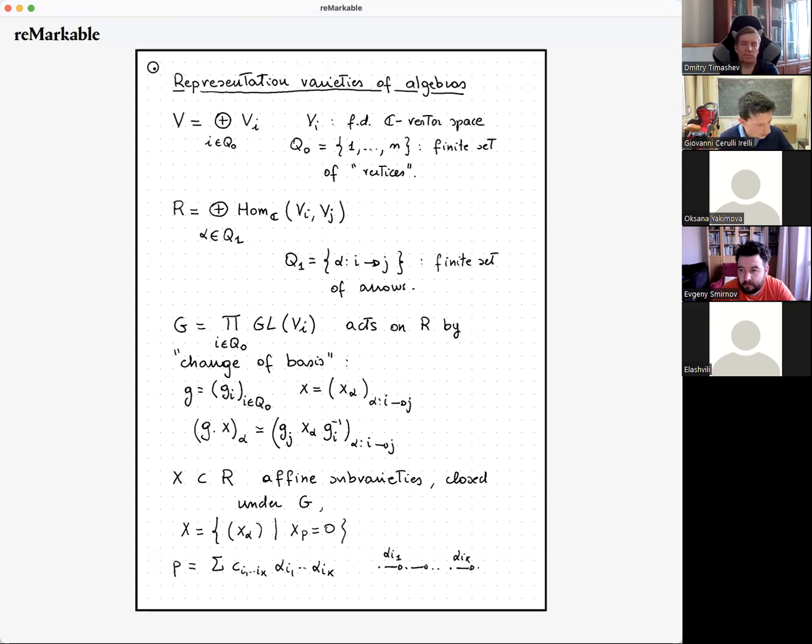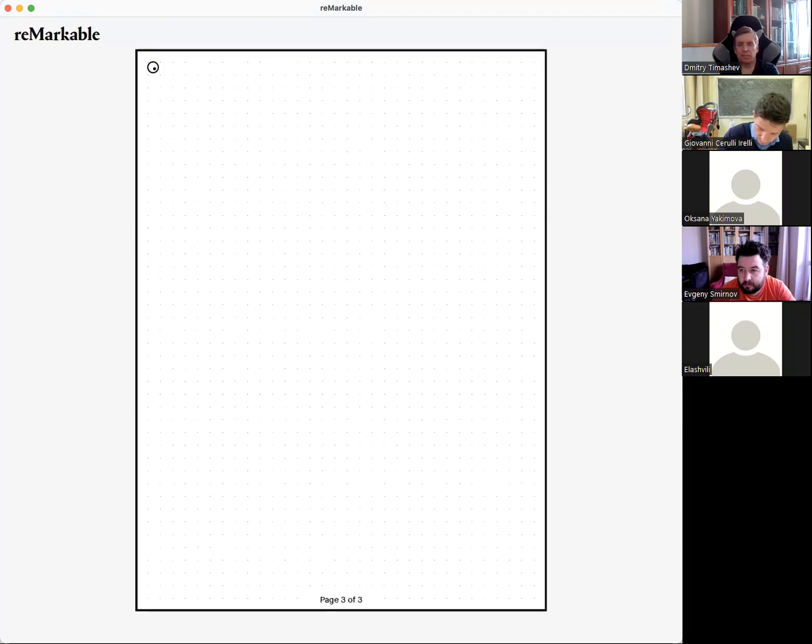Okay, so these are the varieties arising in the representation theory of algebras. Now let me give you examples which are related to the plan of the talk I mentioned in the first slide. So let's take V to be just Cn.